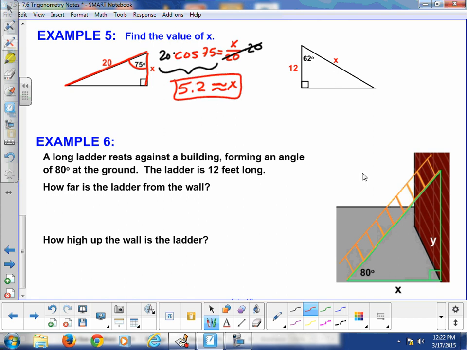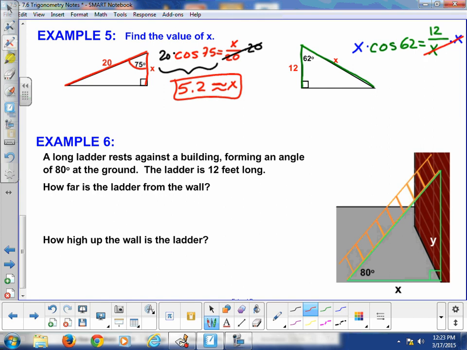Let's real quickly do this next one. I am afraid to look at the time. Cosine 62 is equal to, hey, adjacent over hypotenuse. Sounds like cosine. Multiply each side by x.